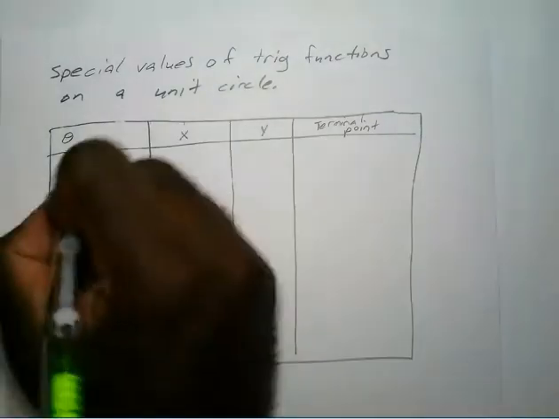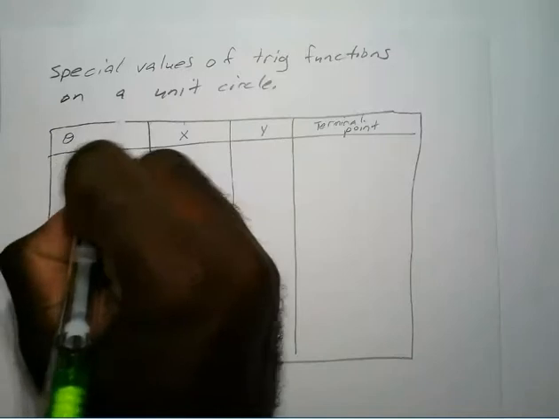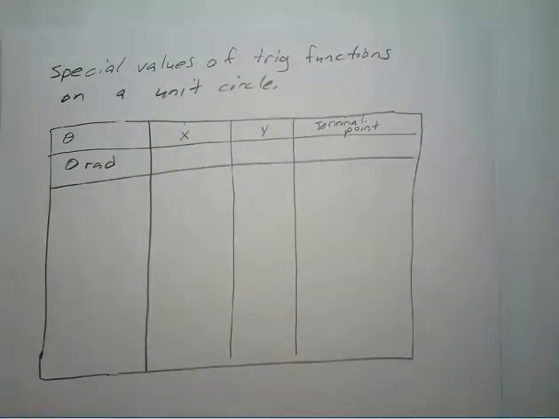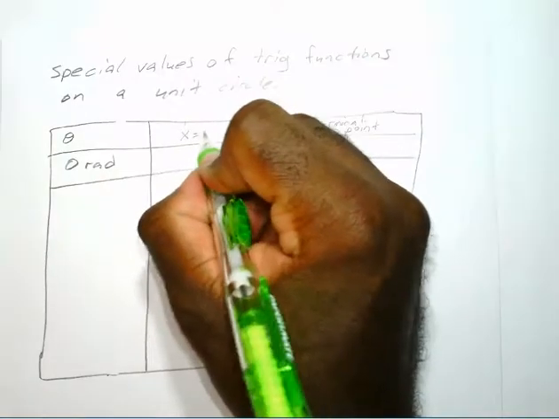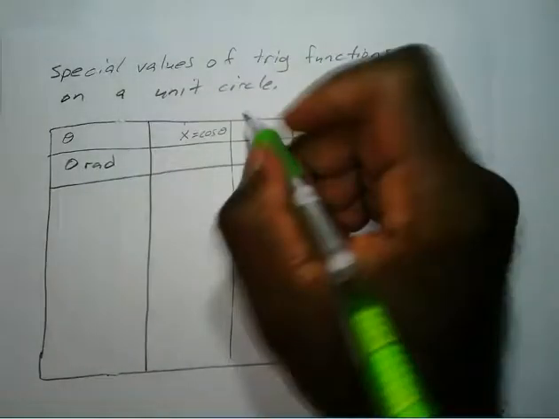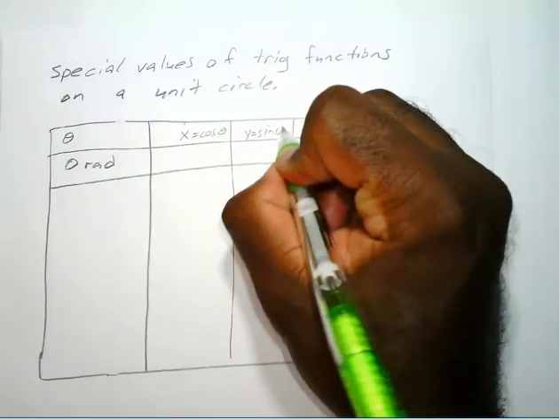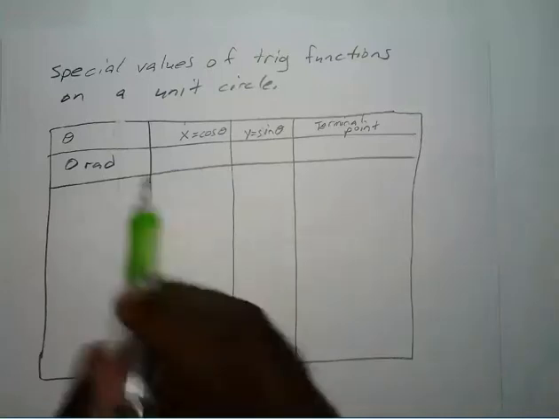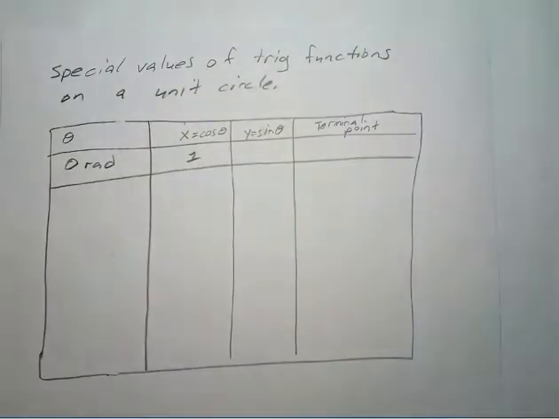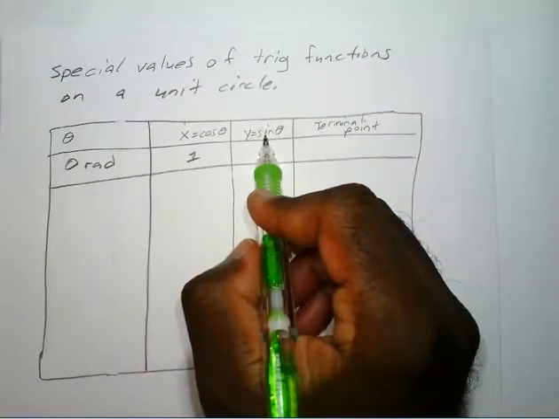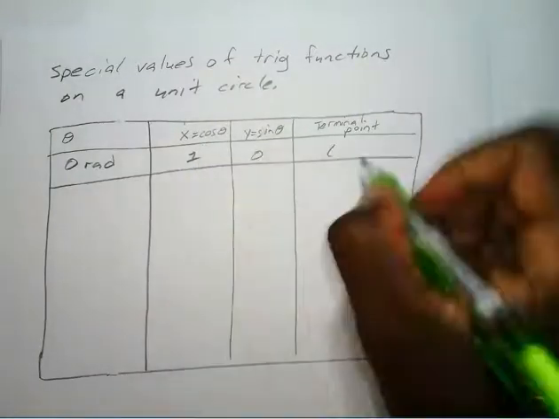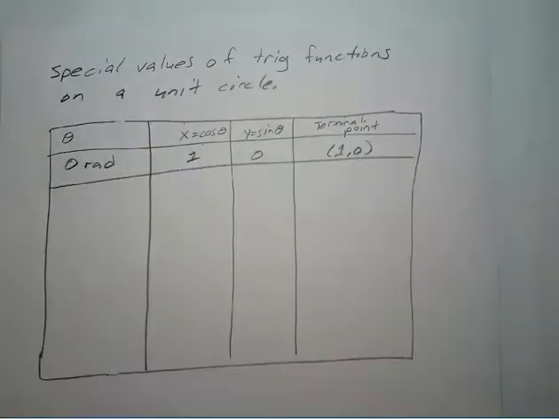Let's say theta equals 0 radians, where x is equal to cosine theta and y is equal to sine of theta. Cosine of 0 is equal to 1, and sine of 0 is equal to 0. So your terminal point will be x comma y, or 1 comma 0.